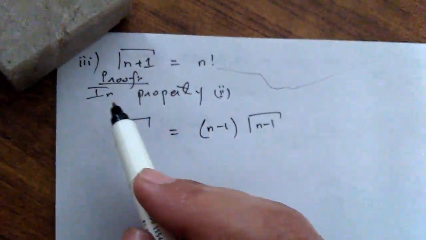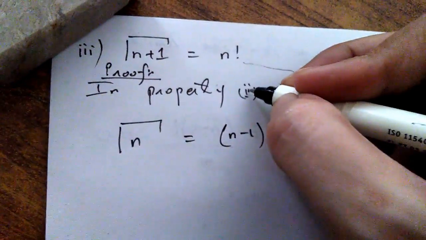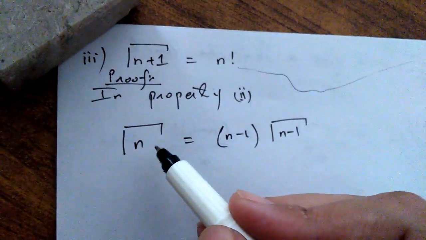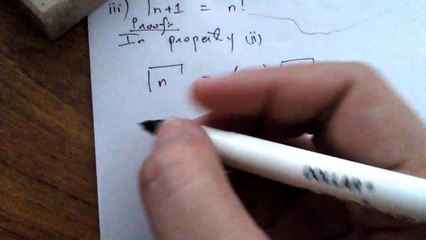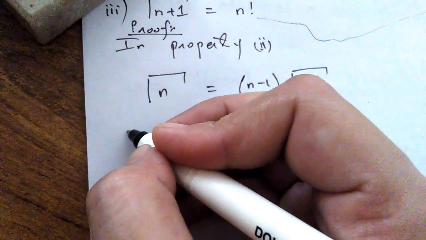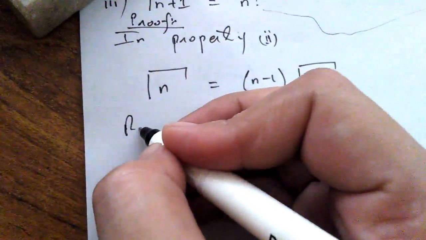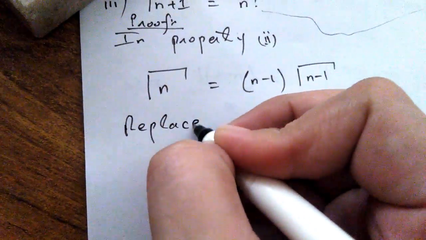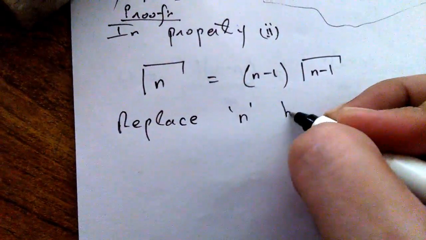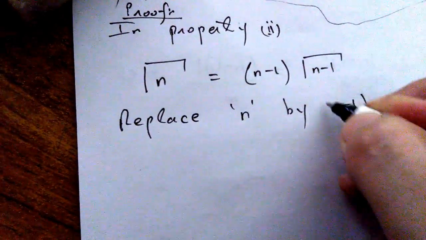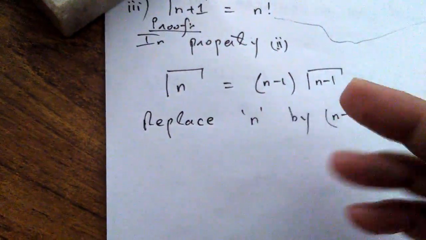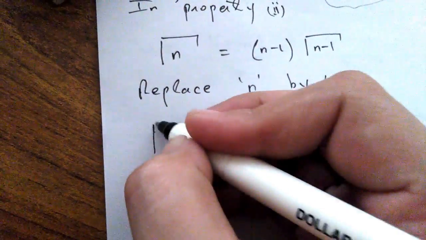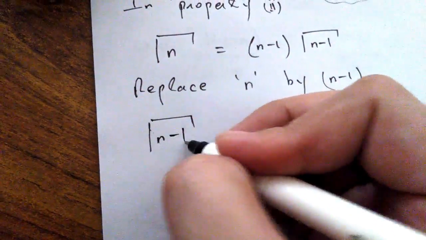Okay, now you have studied in the second property that your gamma function of n is expressed with this. If you replace your n by n minus 1, all right, this equation is going to look like this.